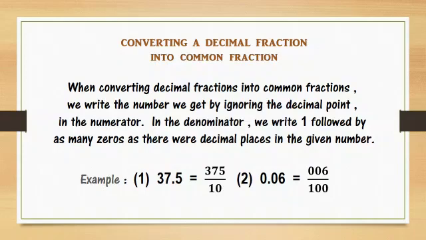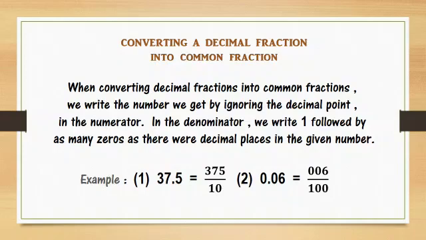Here now we write the number ignoring the decimal point. We get 375 as the number in the numerator. Now in the denominator, we have to write 1 followed by 1 zero as there was one decimal place in the given number 37.5. So now the answer is 375 upon 10.